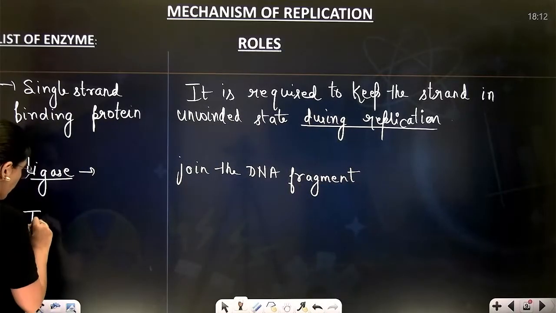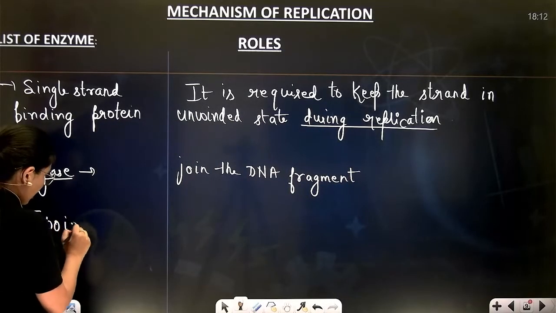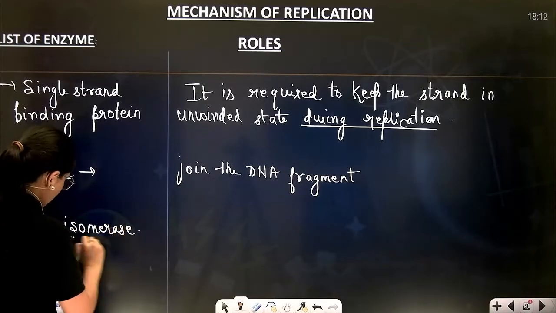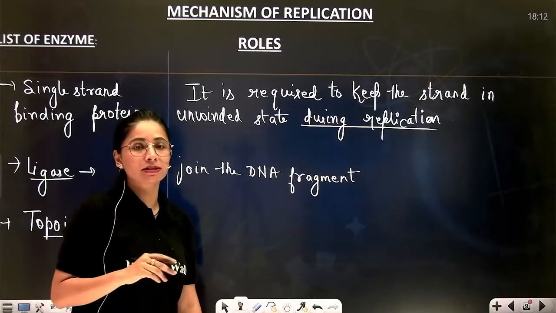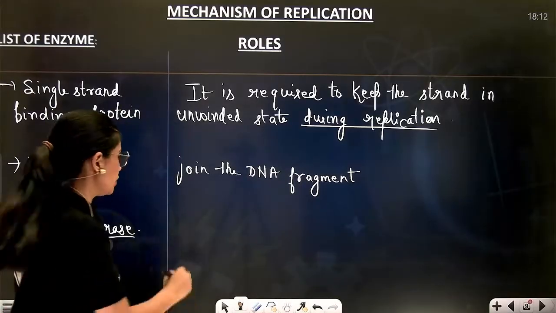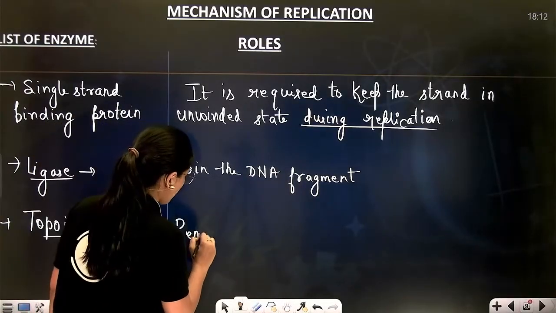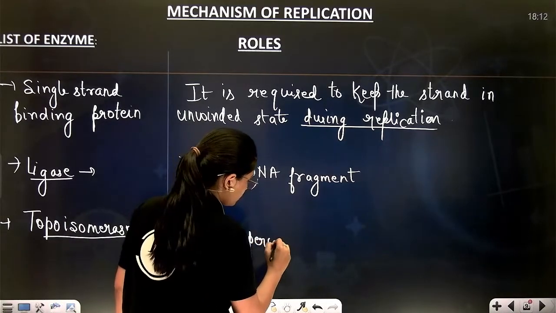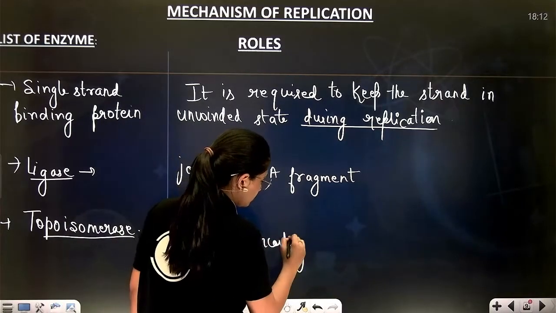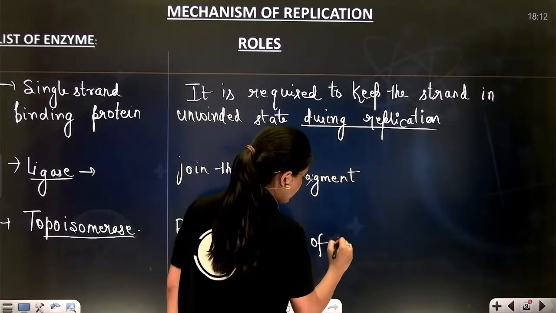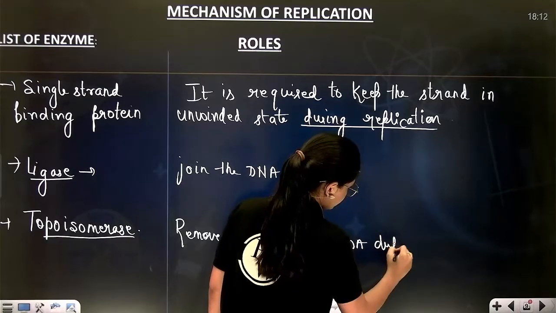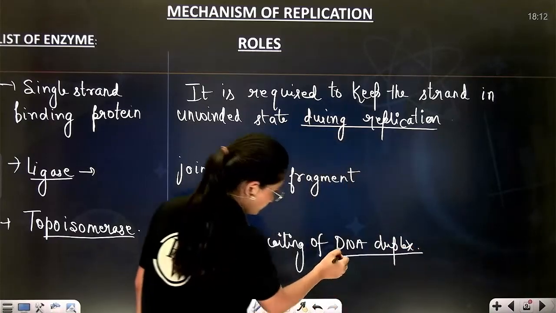Next is topoisomerase, also called DNA gyrase. This topoisomerase is specially required to remove the supercoiling of the DNA duplex. I'll tell you how. Okay?